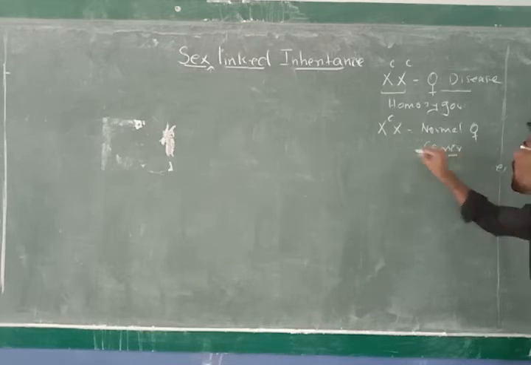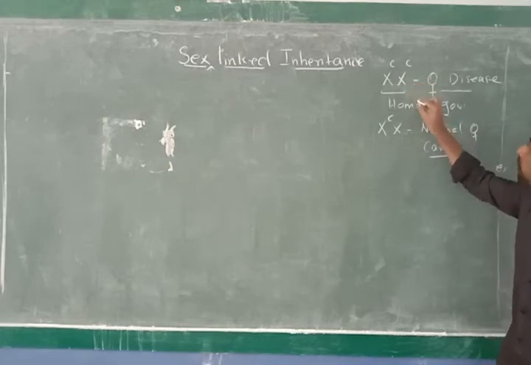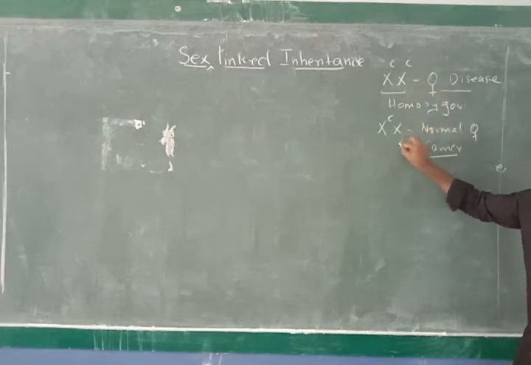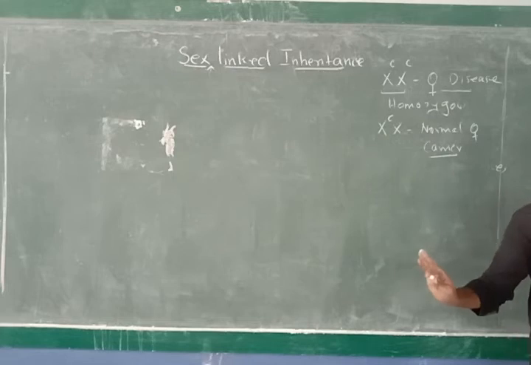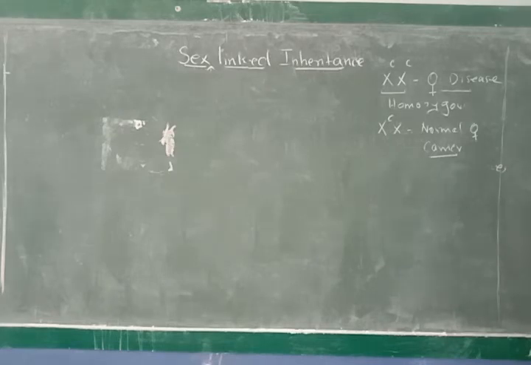If any male marries this girl, definitely her young ones will have the disease. So she is called a carrier of the disease. This one is the diseased female. This is the carrier. In the sense for them, no disease. They are normal ones, but they have the gene for transmitting the disease to another generation.